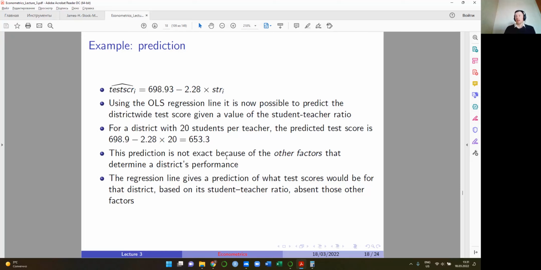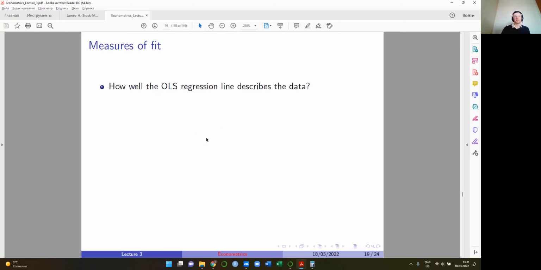Now we want to understand how good this prediction is. So when we use this OLS regression line to predict the value of test score, how reliable is our prediction? How close can we expect it to be to the real value? This is called measures of fit. So how do we measure the fit of the OLS regression line to the data?